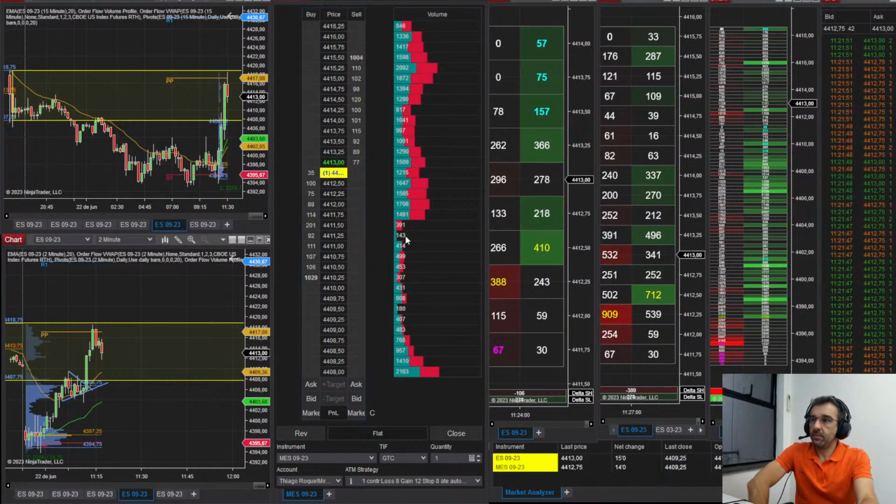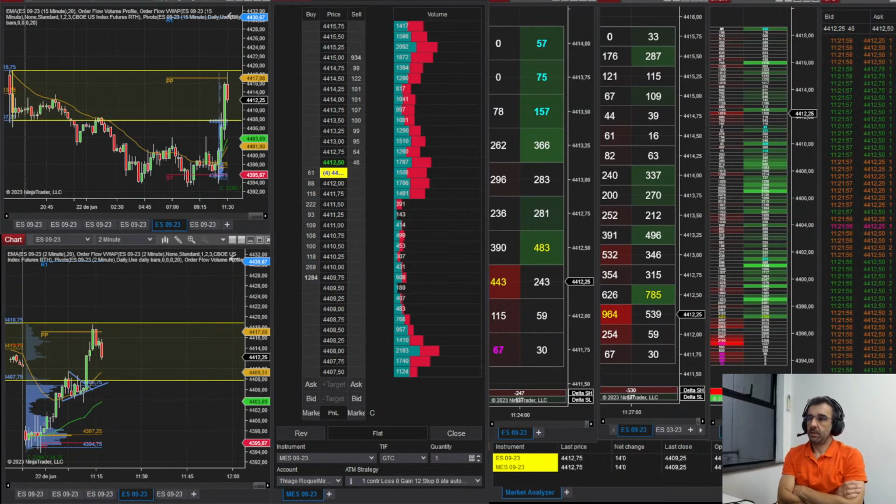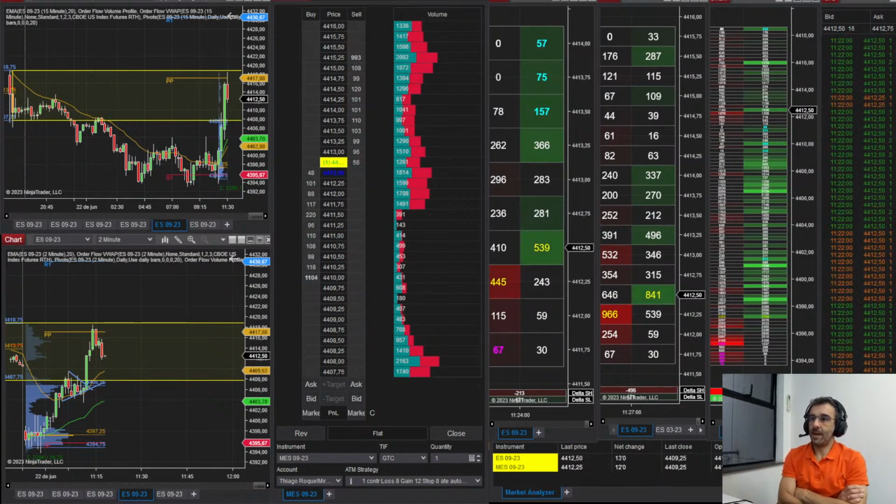1175, you see that we have a barrier here. Look here at the volume price, 1491, then 391. It shows that there's actually activity there, but buyers absorbed all the pressure.